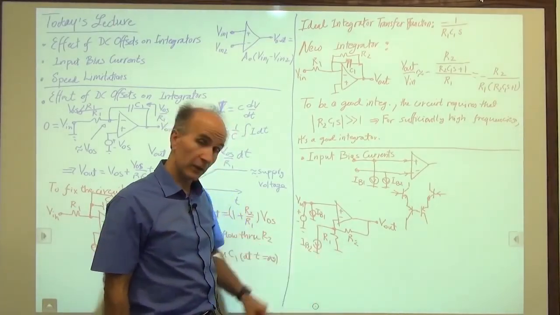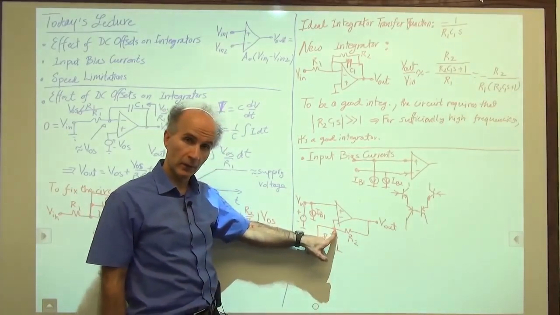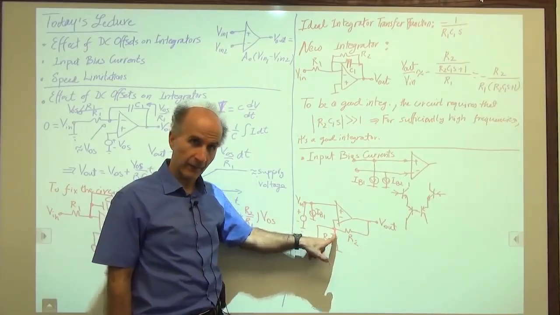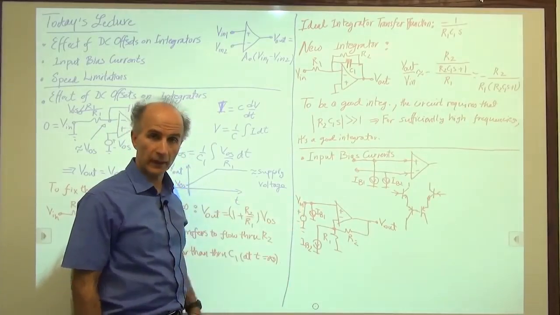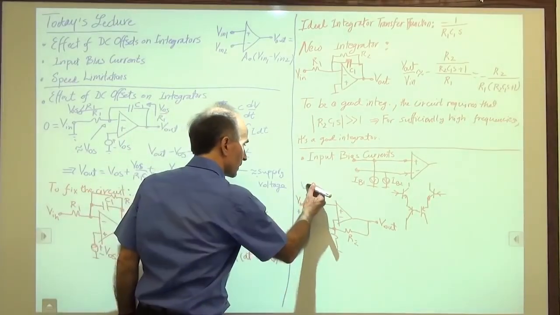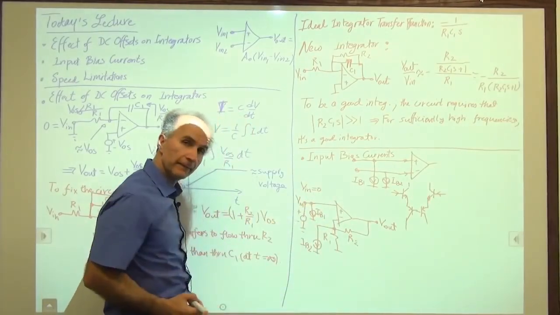All right, so let's focus on IB2. IB2 needs to flow from this node. So it has to come from somewhere. Let's find the candidates for that. And to analyze this effect, I will assume that V in is 0. Again, I'm using superposition. So let's say V in is 0, meaning that we just short this to ground.